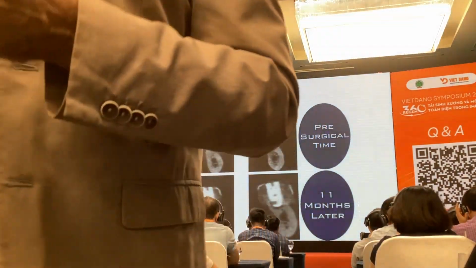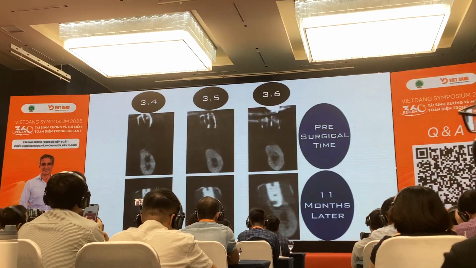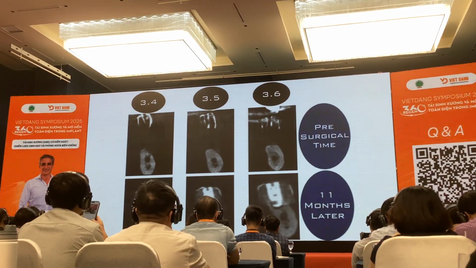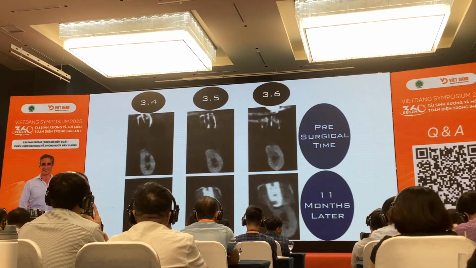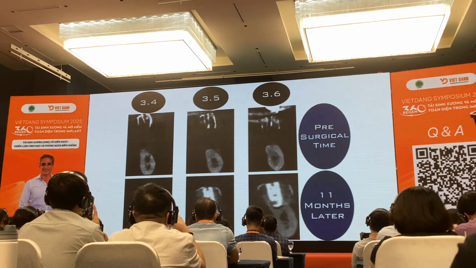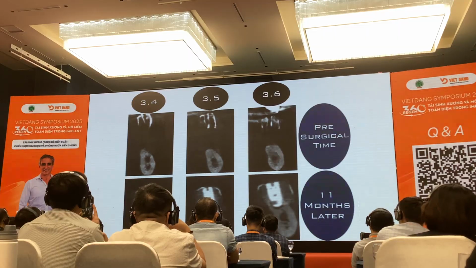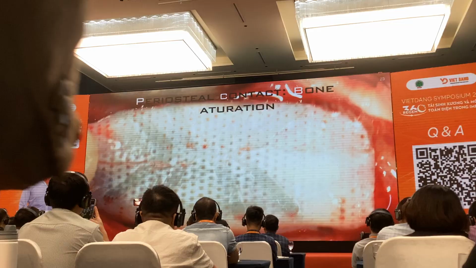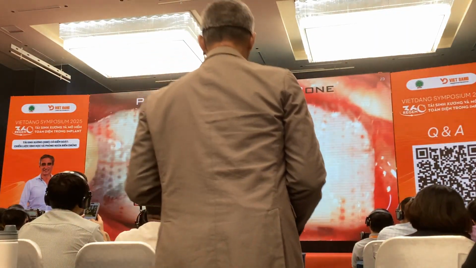It means that even if you maintain the barrier for a longer time, you don't have an improvement of the quality of bone. Why? Because if we wanted to improve the quality of bone, we have to place the periosteum in contact with the bone. And so, at that time, I removed the membrane.